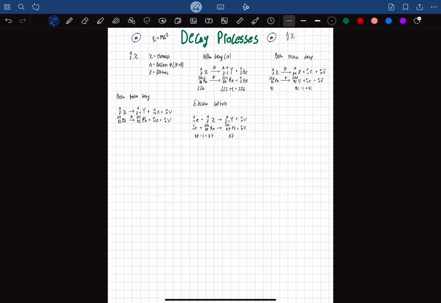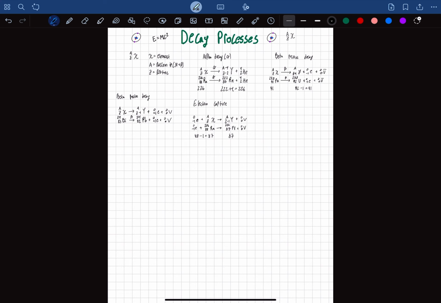Usually gamma decay happens following alpha decay or beta decay, and it's just the release of energy. It's actually the most dangerous one because its penetration power is way stronger than the other two. But that's all you really need to know about gamma decay, and it doesn't affect the nucleus in the way that the other ones do.